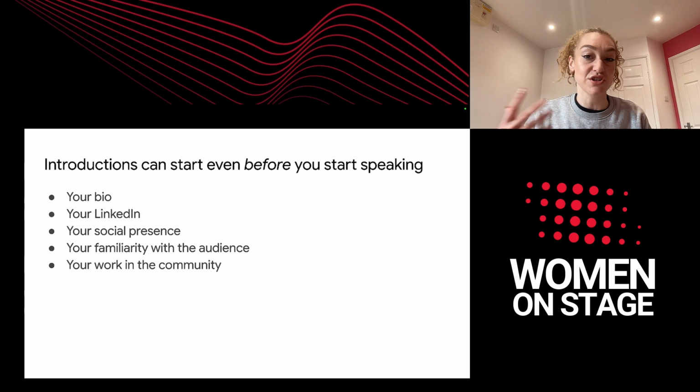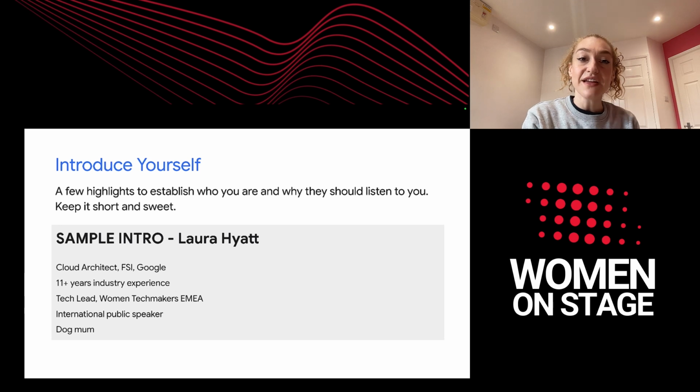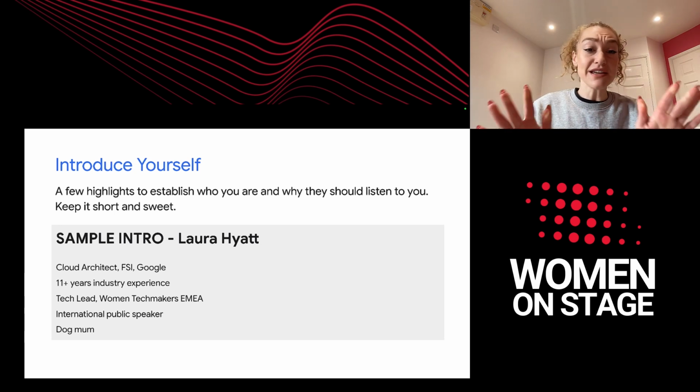Put any kind of social presence that you're comfortable with people reaching out to you on. For example, my Instagram is really just for friends and family, so I wouldn't put that on a work presentation. Then also talk about what you do and why people should listen to you in this talk. It's really establishing your credentials. Now make it short and sweet.